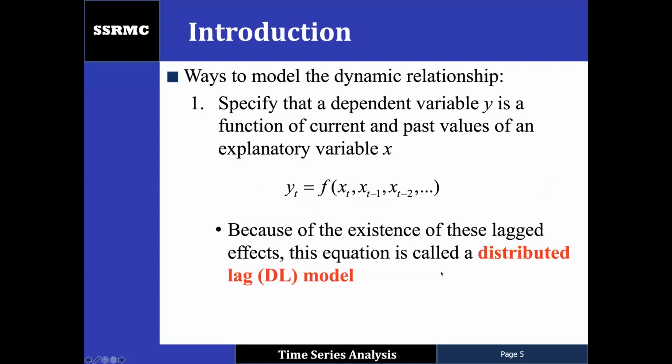There are several ways to model the dynamic relationship, so how to capture those lagged effects. The first one is to include lagged independent variables in your regression model, just as shown on the slide. This equation is called a distributed lag model because it has lagged independent variables in it: x_t, x_{t-1}, x_{t-2}.